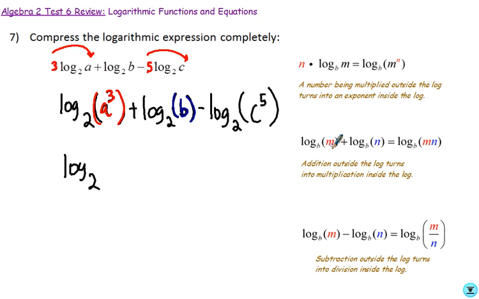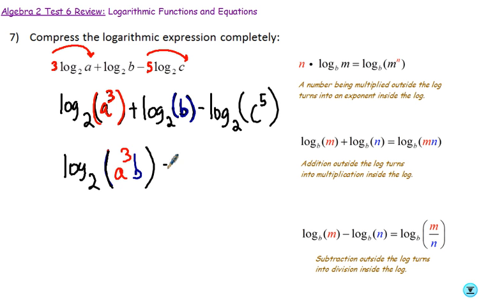The first term, whatever that is, which in this case is a cubed, second term in this case b, and then they just get put together. So let's put those 2 together. So you would have a cubed b. So we're just combining those 2 into one log.